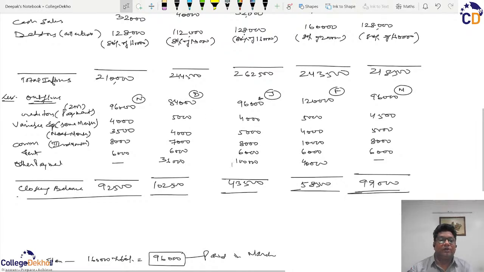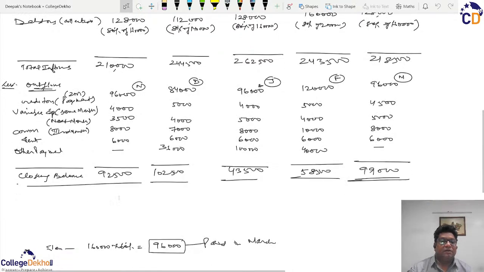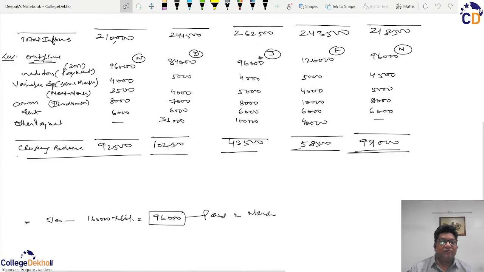Now what it is doing is that we now have an anticipation of how much closing balance you will have each month. So if the company believes that a figure of 50,000 will be sufficient, then in the month of January and February they will deposit the extra cash or invest the extra cash, and if the cash falls below the requisite amount then they will take a short term borrowing to maintain the liquidity.